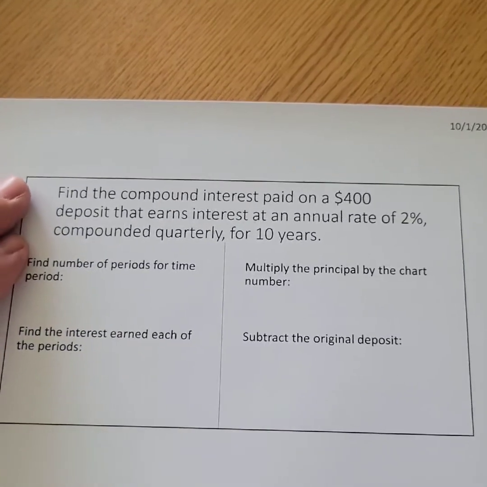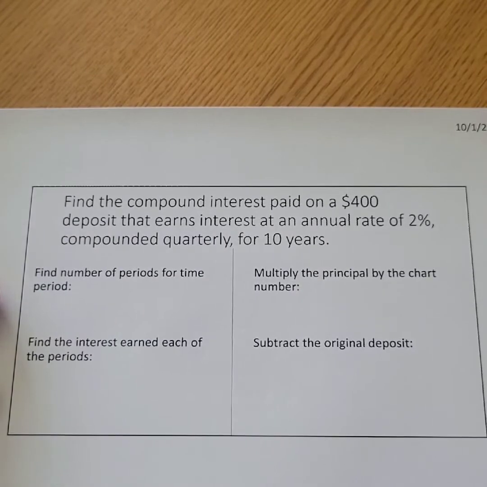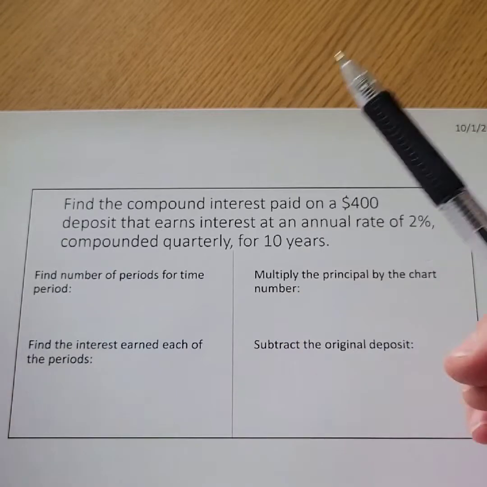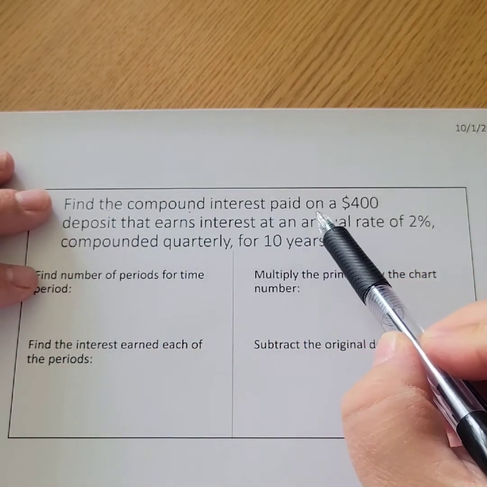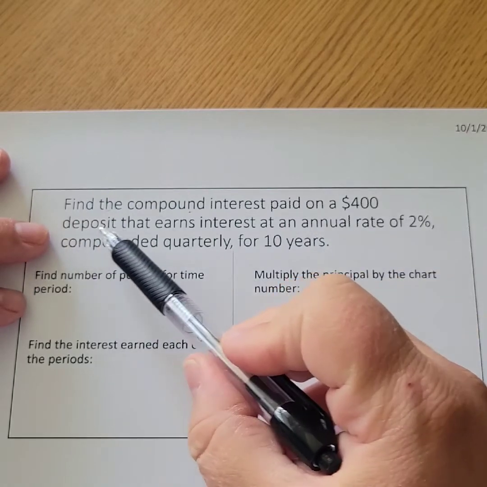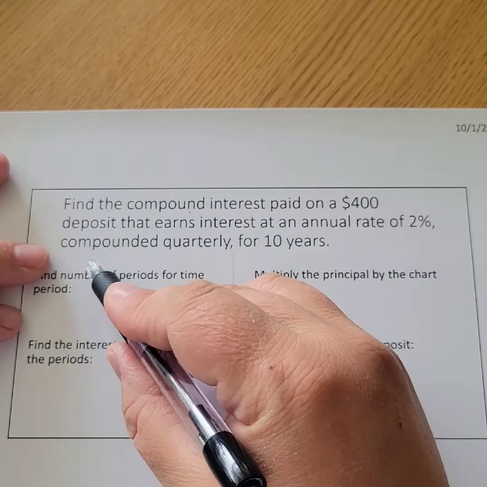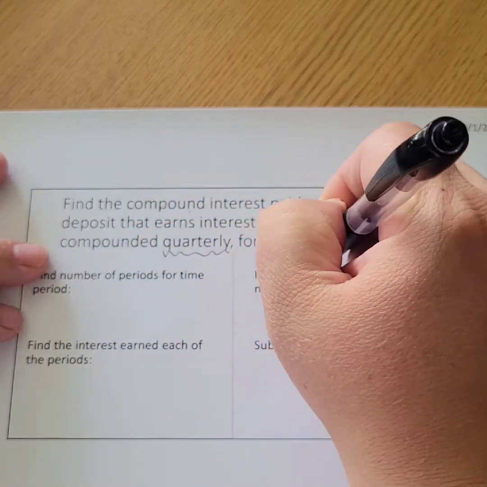There are 4 steps to finding compound interest using the table. Okay? So we need to find the number of periods for the amount of time. So we're going to find compound interest paid on a $400 deposit that earns interest at an annual rate of 2%, compounded quarterly for 10 years.